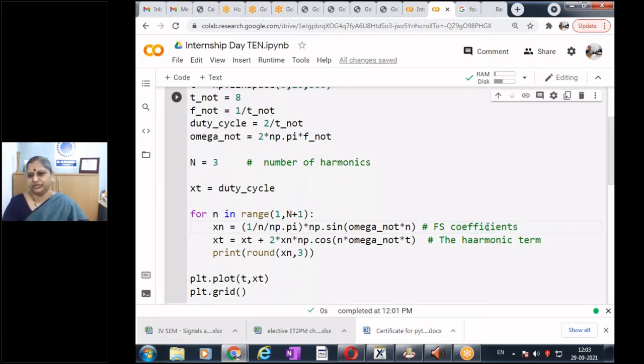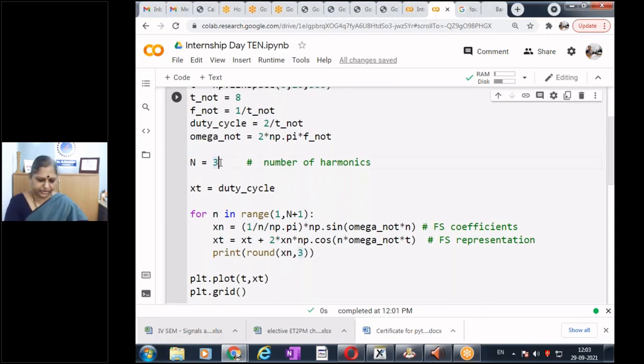The Fourier series coefficients, and this is the harmonic term. So this is our Fourier series representation. This is what we have, and now if I just want to check.